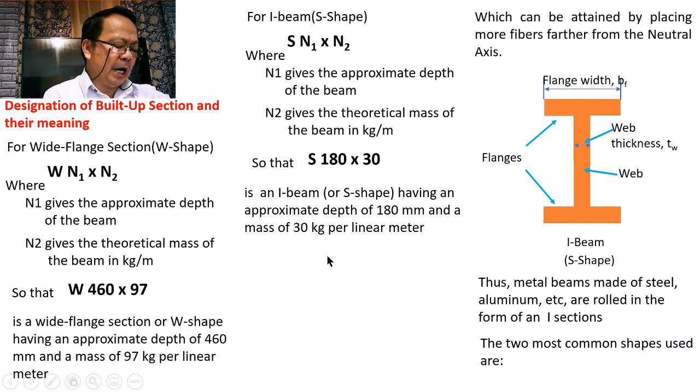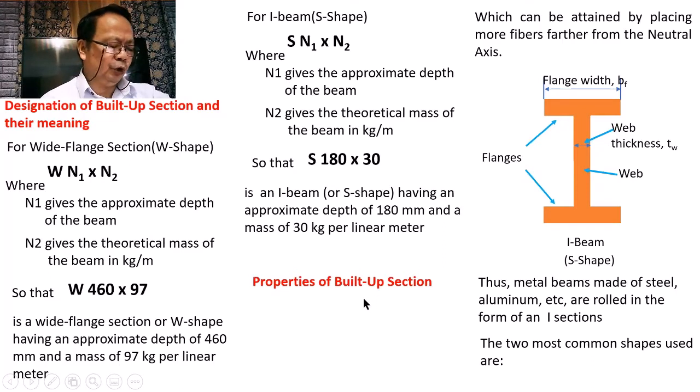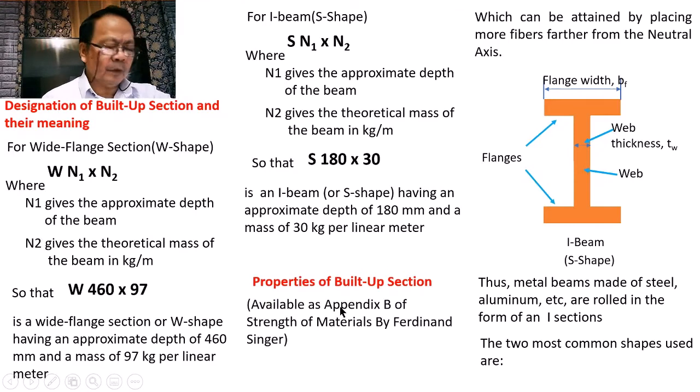Right? Now, how is this used? First, we need to understand the properties of built-up sections. What are the properties, and where can the properties of this kind of built-up section be found? So, let us show. Usually, if you have the book Strength of Materials authored by Ferdinand Singer, the properties of this kind of section, the wide-flange section, the S-section, the channel section, the angular, can be found in Appendix B of that book.